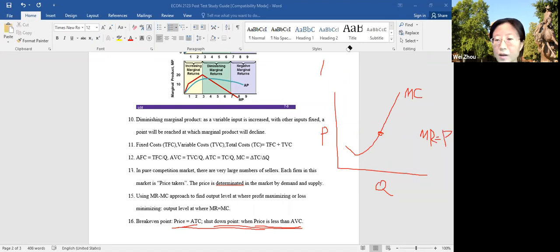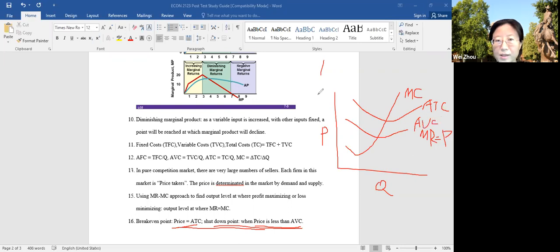So for the company, you will have a cost structure: you have marginal cost, you have average total cost, you have average variable cost.